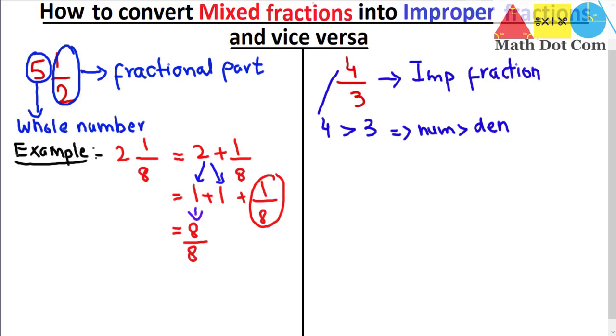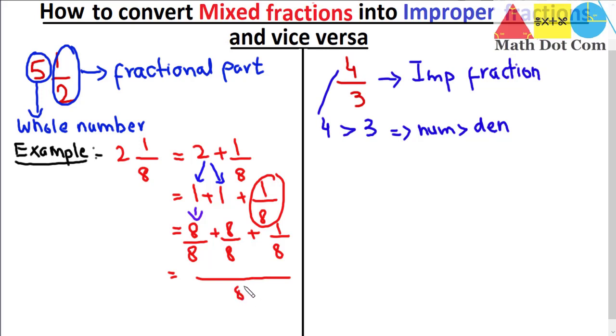So our main purpose is to make the denominator of this number 8, or make this whole number a fraction. Similarly for the next one, we get 8 divided by 8 plus 8 divided by 8 plus 1 divided by 8. Now it becomes easier to find the LCM as all of them have the same denominator.